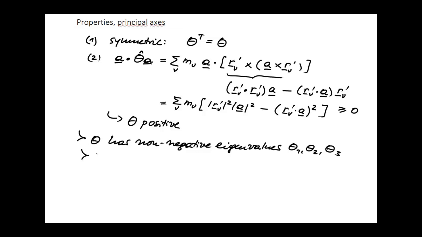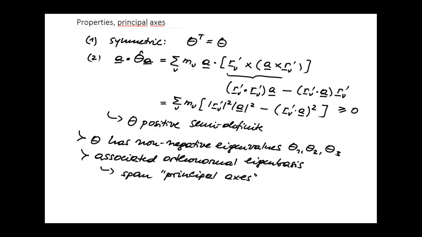If you normalize them, they form an orthonormal basis. So there's an associated orthonormal eigenbasis. And the basis vectors of this eigenbasis, so these eigenvectors, span the so-called principal axes of the rigid body.